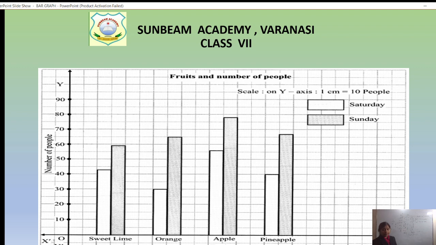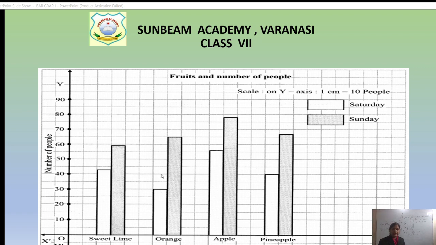Number of people, beta. On the y-axis it is number of people. And sweet lime, orange, apple, pineapple. On Saturday how many fruits and number of people? How many people purchased it on Saturday and on Sunday? Saturday is fully in white color, and on Sunday it is grayish color.